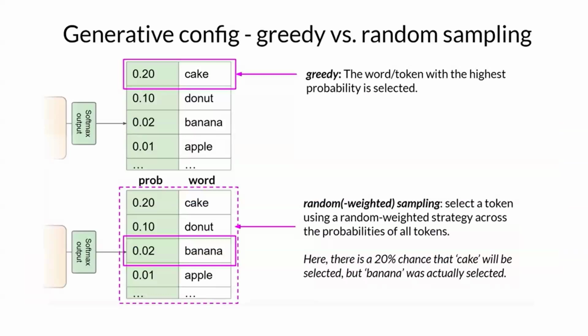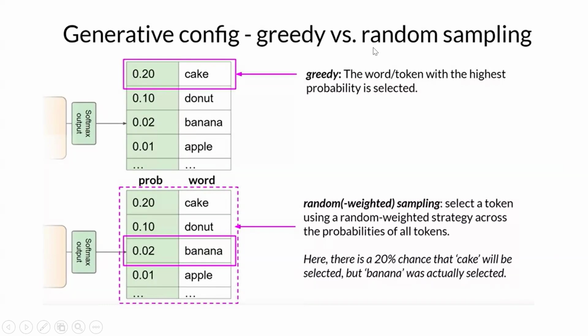Then there is something called greedy versus random sampling. As I said, the softmax layer of my neural network produces the probabilities of the most probable words. When I set my configuration as greedy, it will always select the word with the highest probability, 0.2. The token with the highest probability is selected.